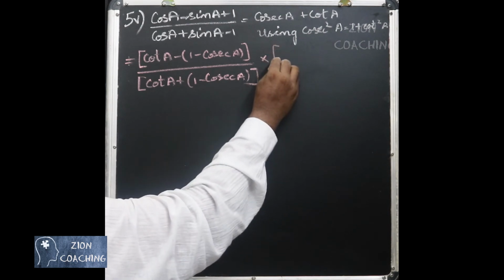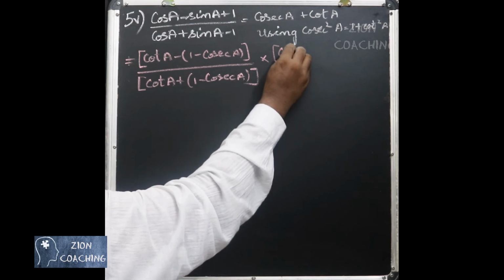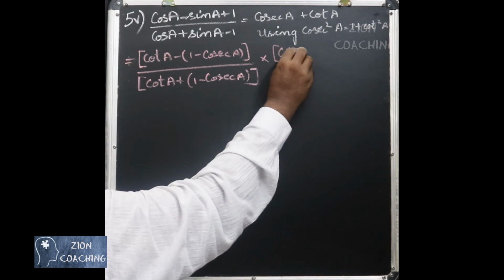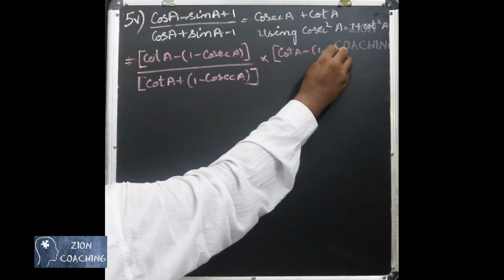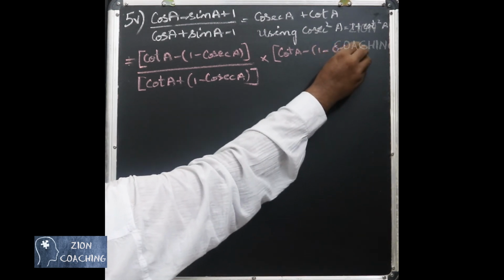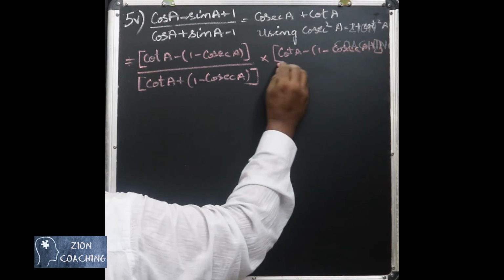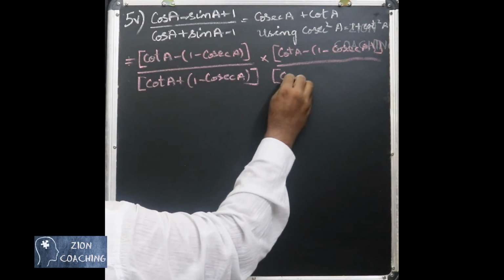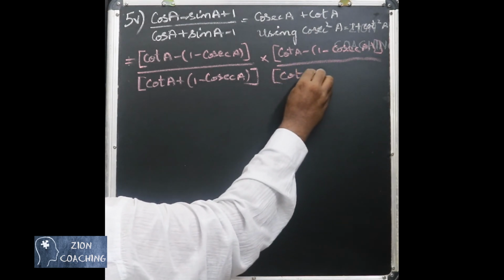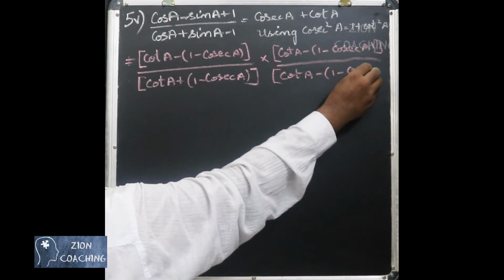So we are going to multiply and divide with the minus symbol in between. That is cot A minus of 1 minus cosecant A, divided by cot A minus of 1 minus cosecant A.